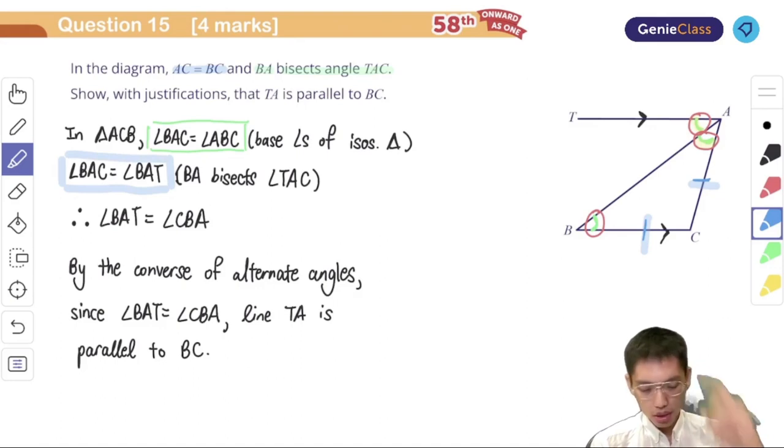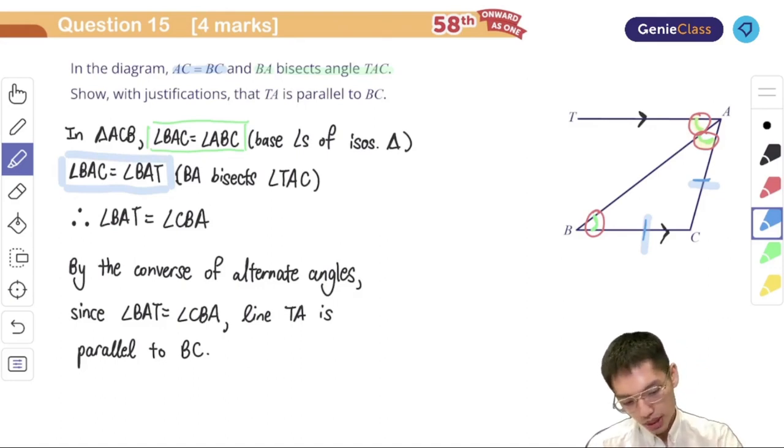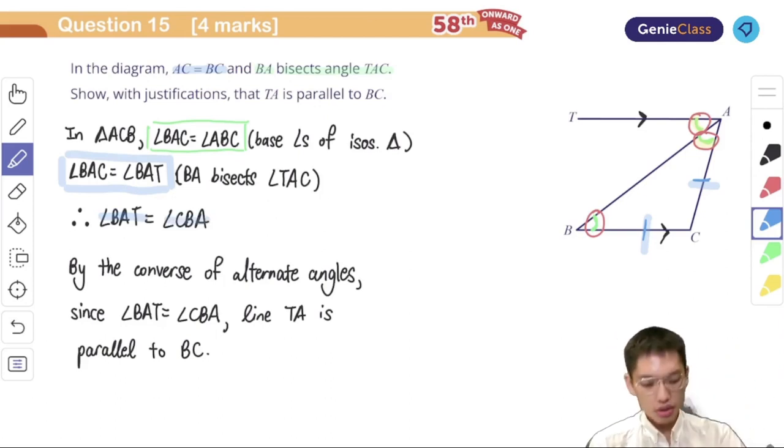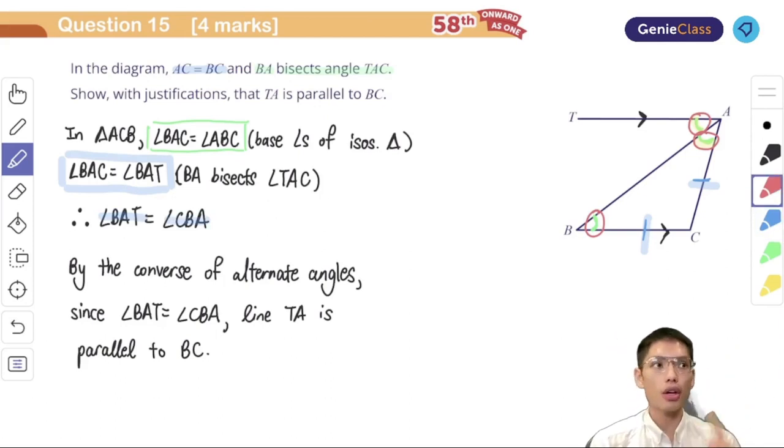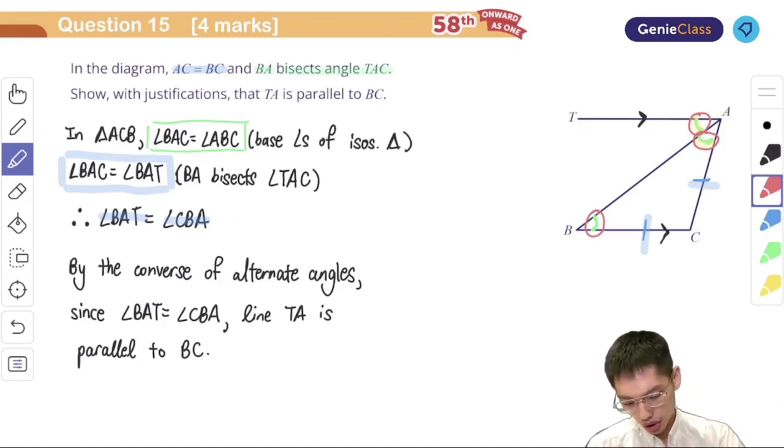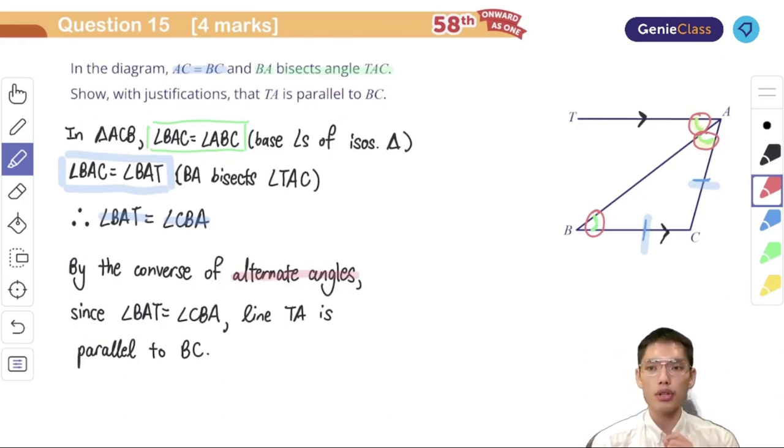Okay, alternate angles tell me what? My angle BAT is equal to CBA, and you use the converse. So this is actually a very common proving style question, even in Sec 1 as well, because in Sec 1 you have learned your triangles, quadrilaterals, and polygons as well.